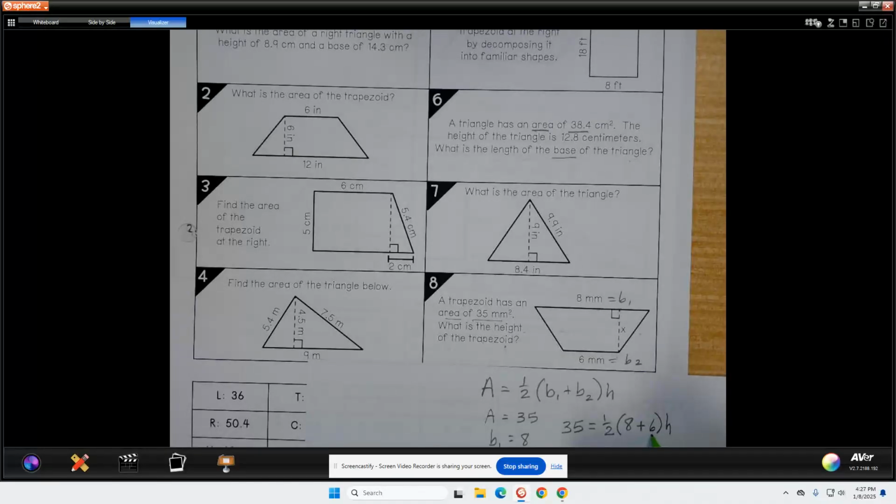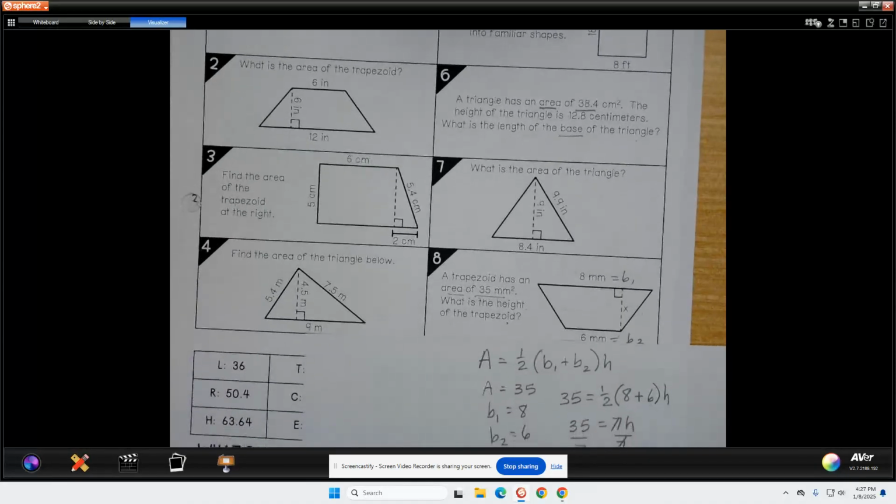Let's simplify. 8 plus 6 is 14, and half of that is 7. So it's going to be 35 equals 7H. Now I want H by itself, so I divide both sides by 7. H equals 35 divided by 7 is 5, and this was in millimeters.